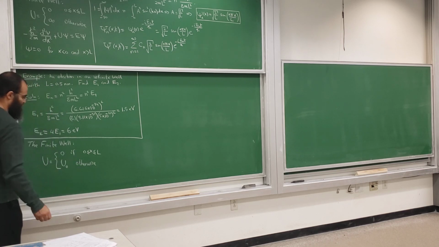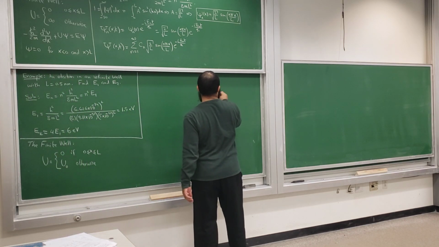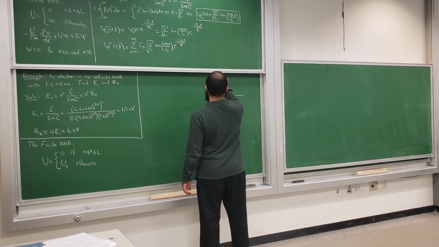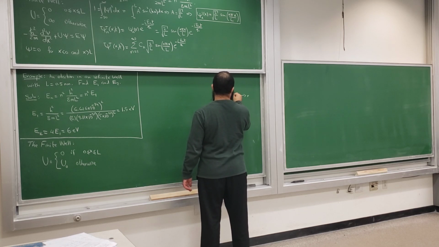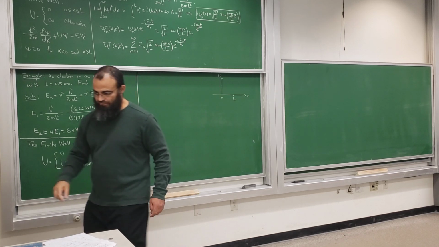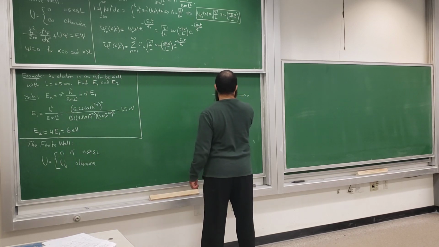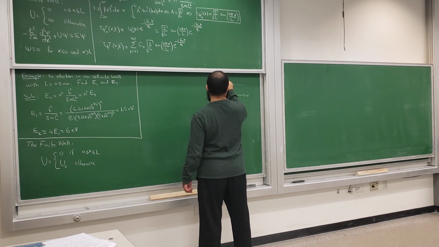Okay, we can plot this potential as follows. Here's u, here's x, this is 0, this is L, and that's the potential.